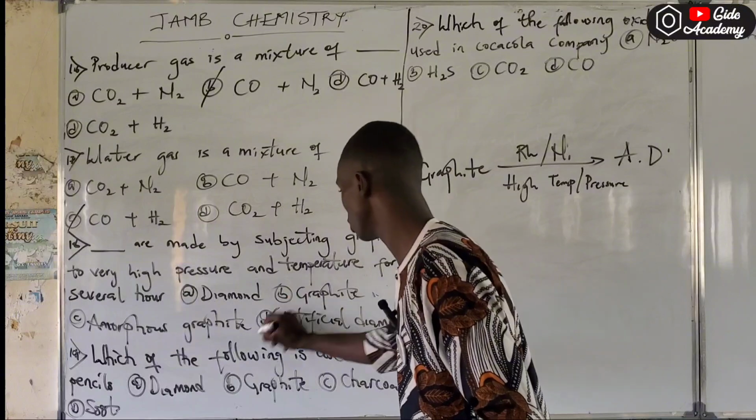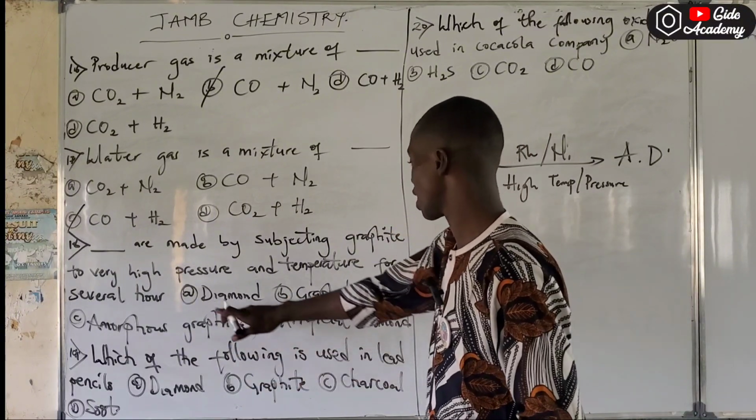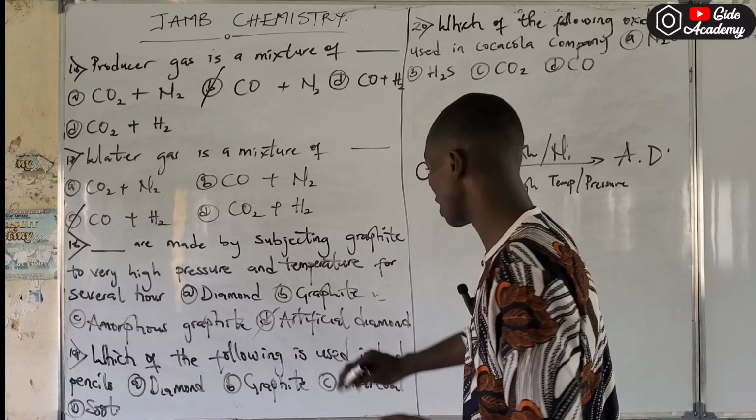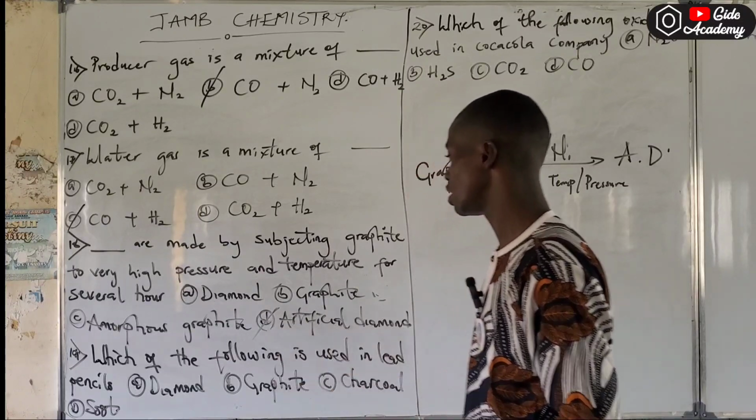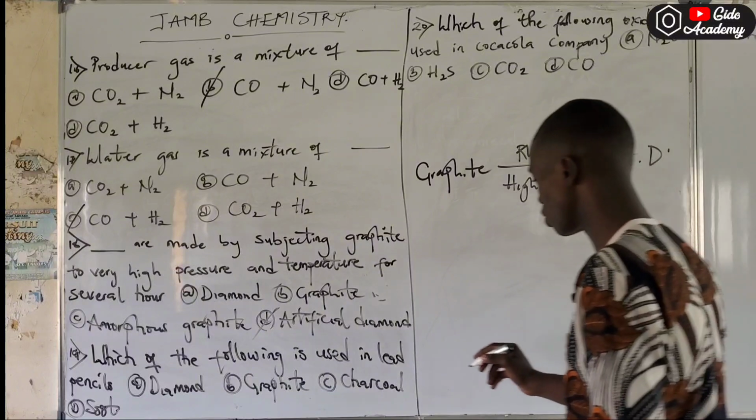Artificial diamond, that's option D. Diamond, no. If there is no artificial diamond, that's when you can click diamond. But since there's an artificial diamond, the correct answer there is D.